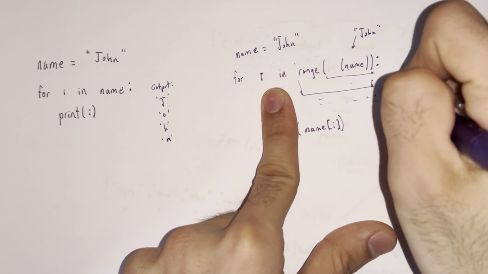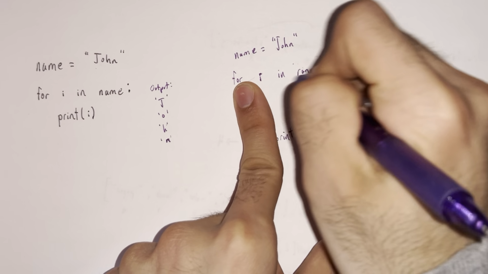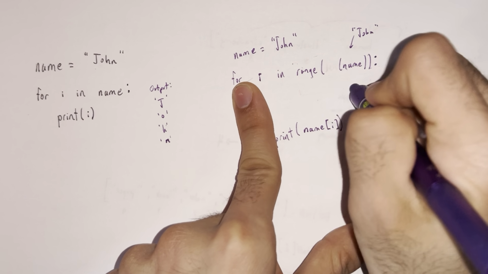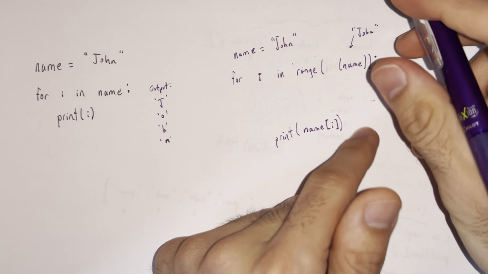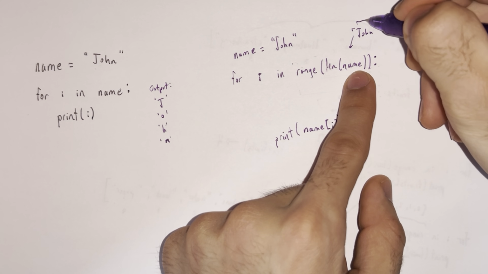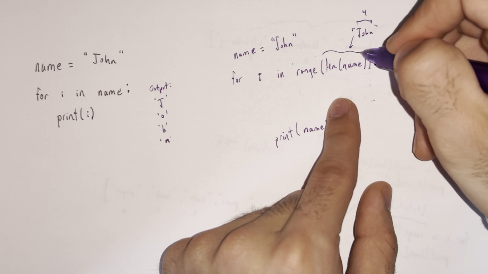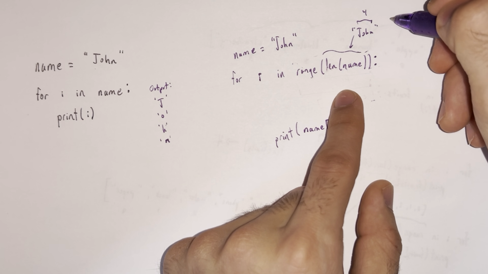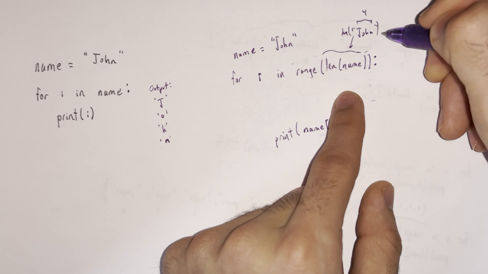So that would give you a pretty bad error. And yeah, so you want to make sure you're doing len name. So you get the actual length of John, which is 4, right?